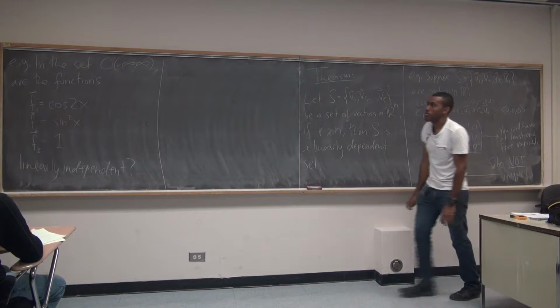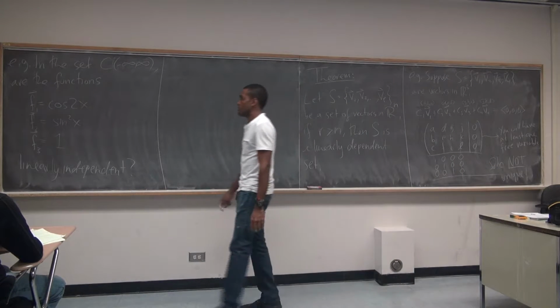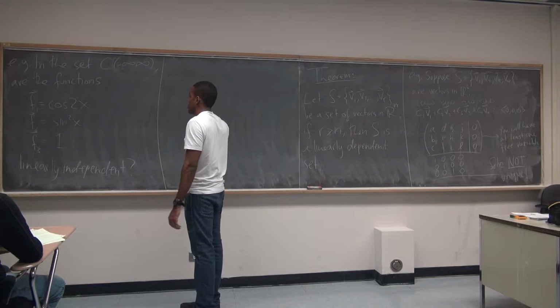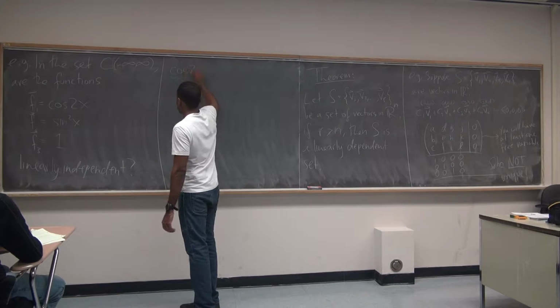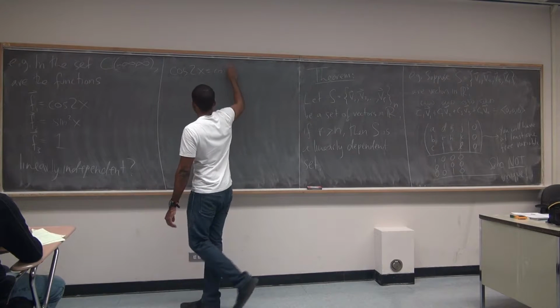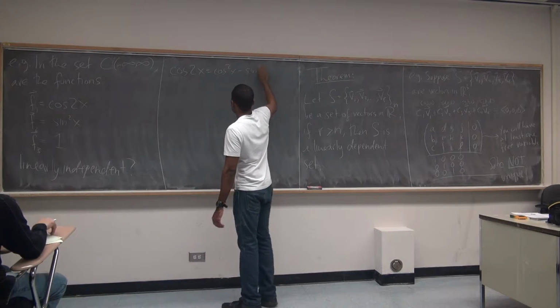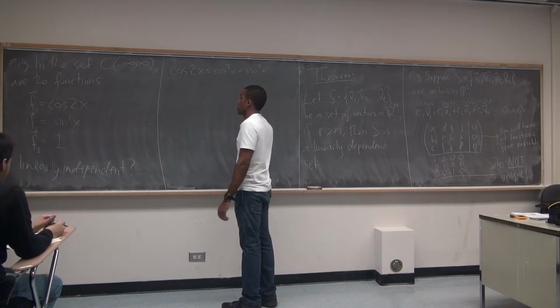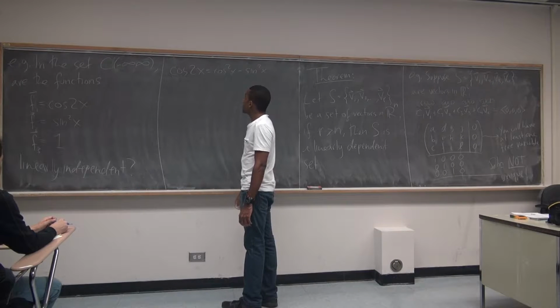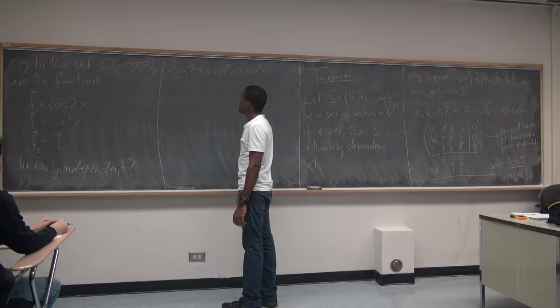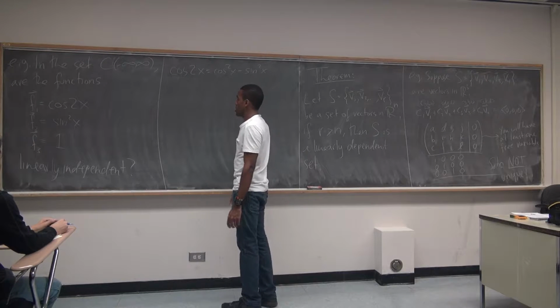Because cos 2x is cos squared minus sin squared. Okay, we know that cosine 2x is cosine squared x minus sine squared x, okay? And f3 is 1, since cosine squared plus sine squared is 1.